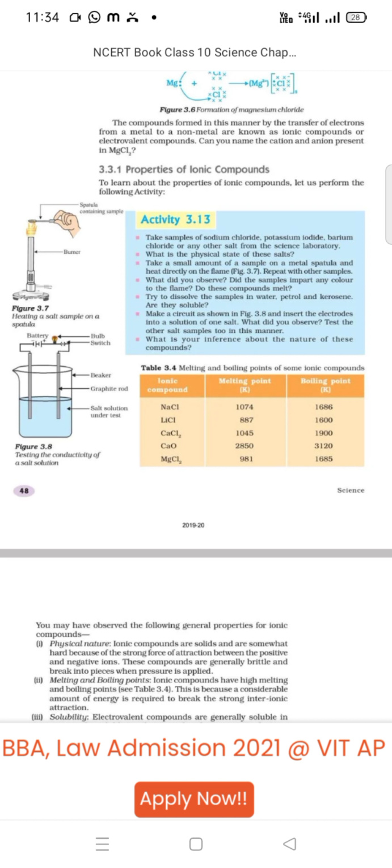In any ionic compound, if you take any salt, you will find crystals. You will never find any liquefied structure. In ionic compounds you will always observe crystal formation, because they are very strongly bonded to each other.